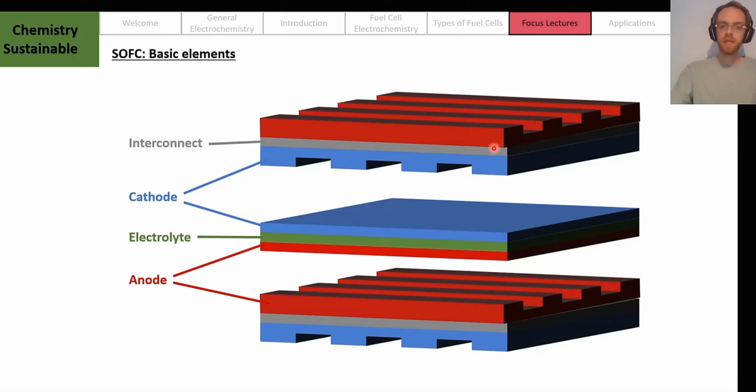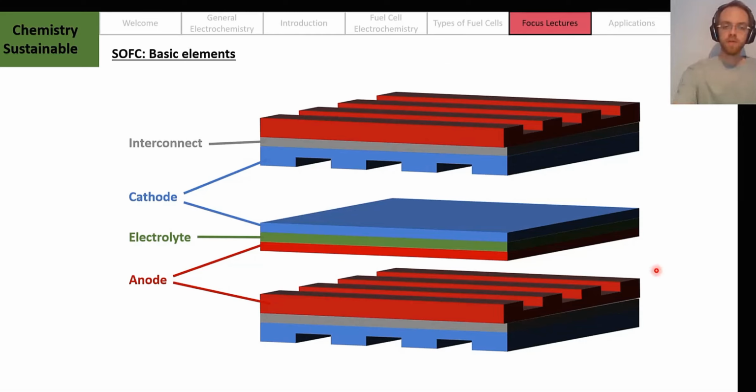So here we have an interconnect. An interconnect is basically a separation to our next cell. And here we start stacking again with our anode. Then we have our flat anode, electrolyte, flat cathode, and the secondary part of the cathode again. So we just continue stacking our cell up and downwards.